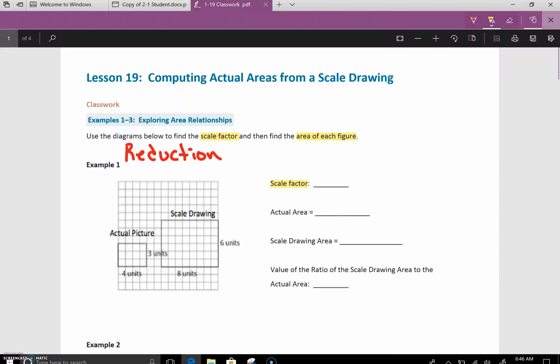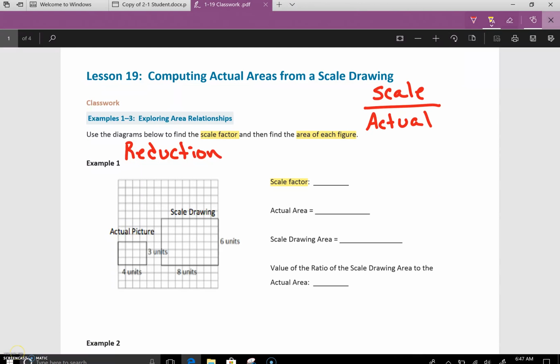So here's how you do that. You always take your scale drawing measurement and you write it over the top of the actual measure. Scale over actual.